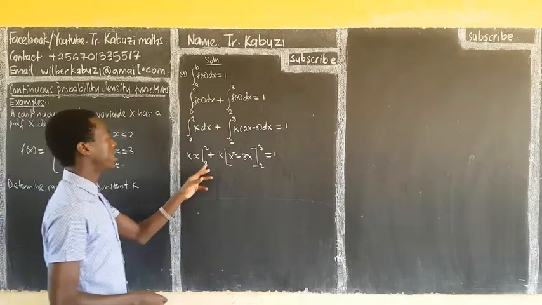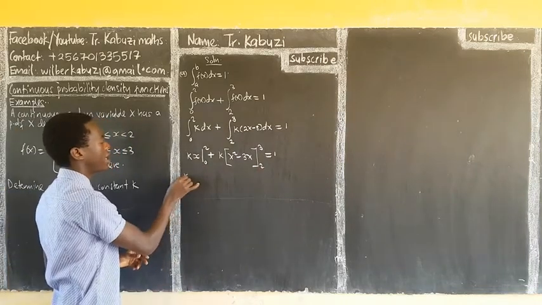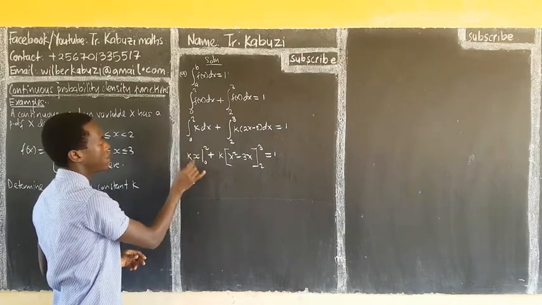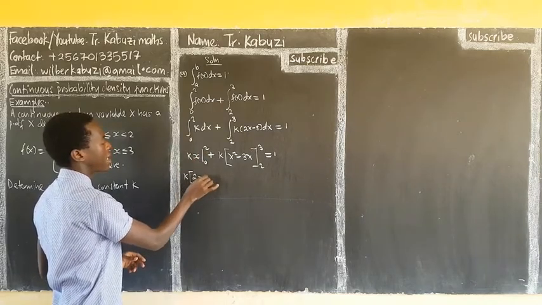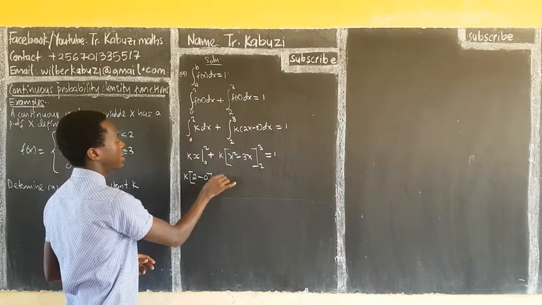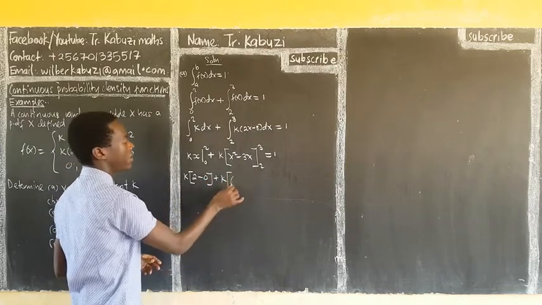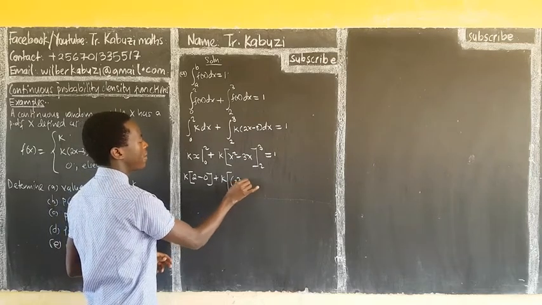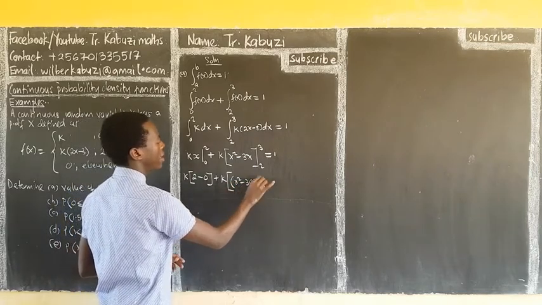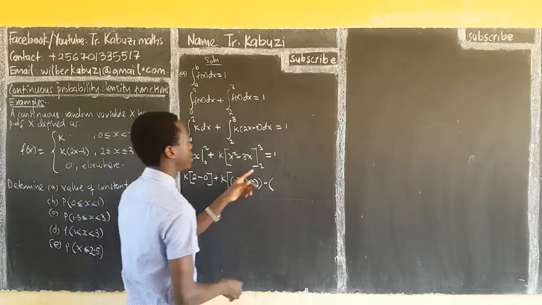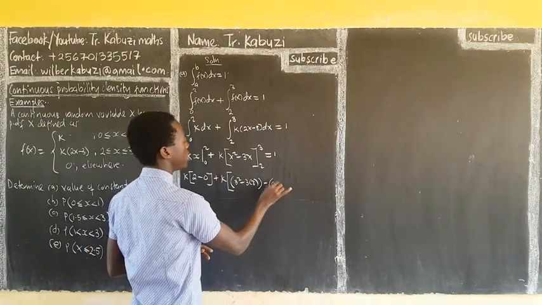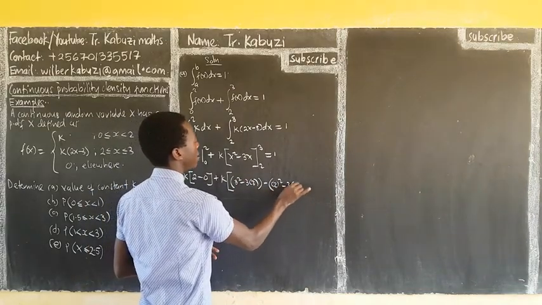So if we are to put in limits, I have k in 2, when I put in 2 minus 0, then plus k in 2. First we put in the upper limit, which is 3. So 3 squared minus 3 into 3. Then we subtract when we put in the lower limit, which will be 2 squared minus 3 into 2.